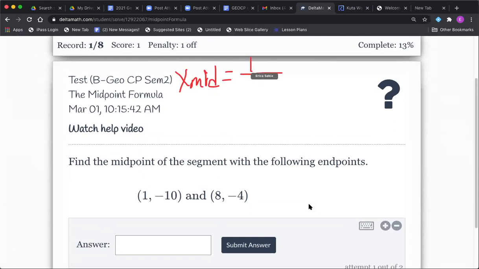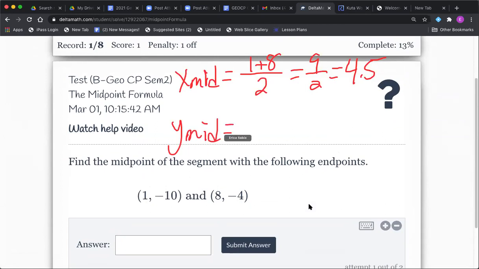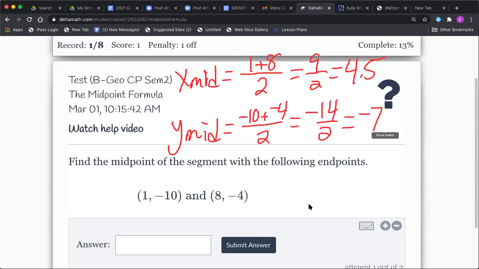So that would be 1 plus 8 divided by 2. 9 divided by 2, so that's going to be 4.5. Okay, great. The second one, the y's. Negative 10 plus a negative 4, and I'm going to divide it by 2. So in this case, that's negative 14 over 2, or negative 7.